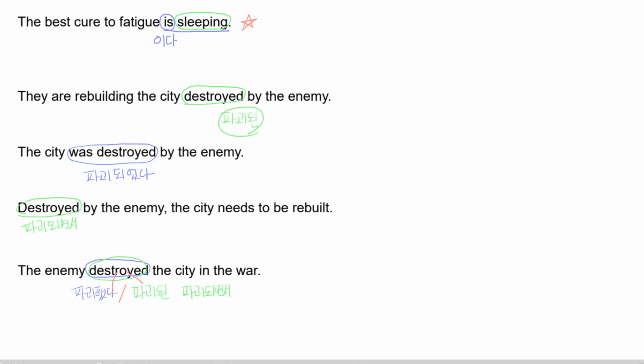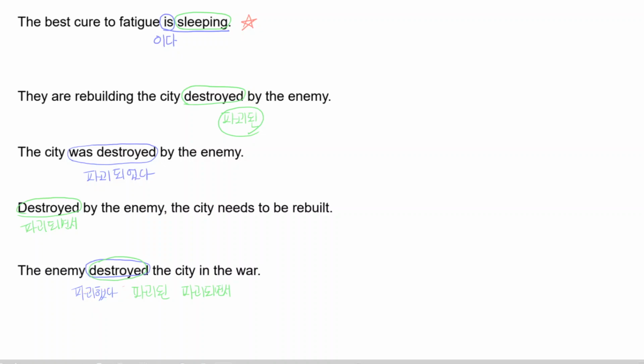You see it, right? Okay, so which one is right? The enemy가 적이 파괴했다 도시, 적이 파괴된 도시, 적이 파괴되면서 도시. I guess this one is right? This one?